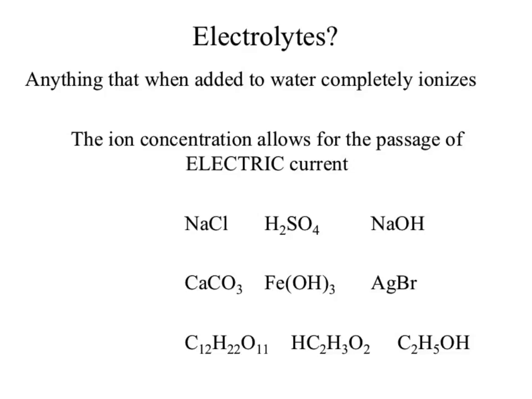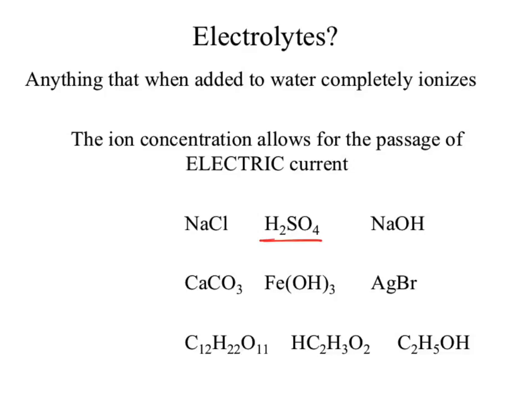Electrolytes. Electrolytes, I think, is our last slide, is anything that when we add it to water completely ionizes. In the process of forming those ions, they allow for the passage of electric current, which we saw in the lab. So we got a bunch of examples up here. Sodium chloride, what happens when we add that to water? How about H2SO4?